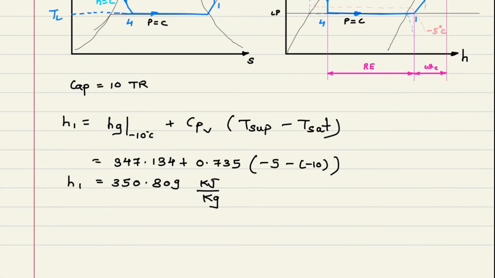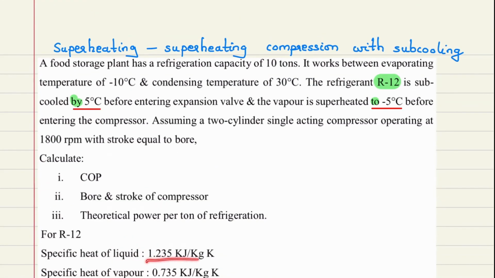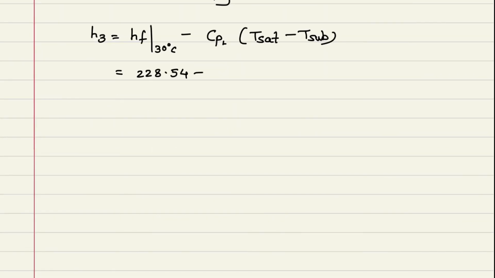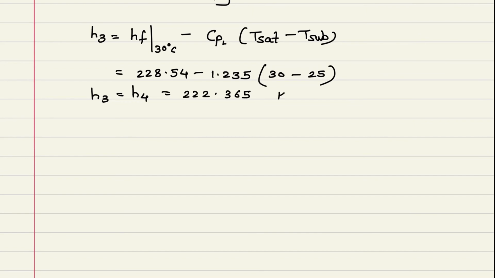What is the Cp of liquid value? 1.235 into Tsat is 30 minus T sub is 25. So from here we can calculate H3, which is equal to H4, equal to 222.365 kilojoule per kg.